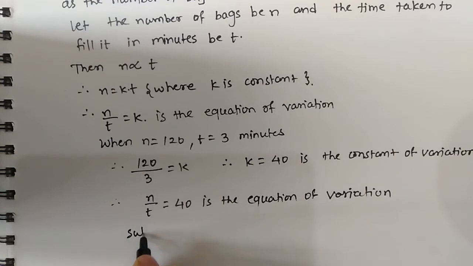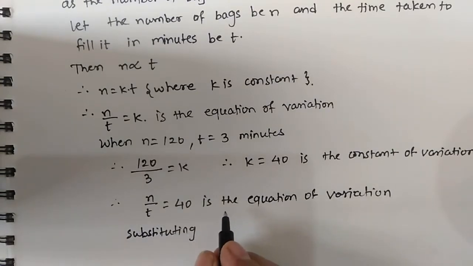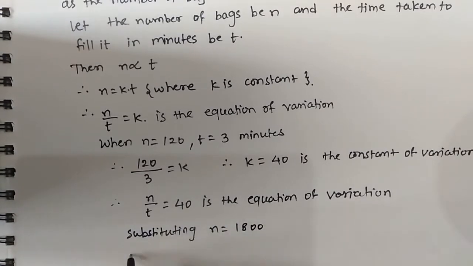So substituting n is equal to 1800, the equation becomes 1800 upon t is equal to 40.